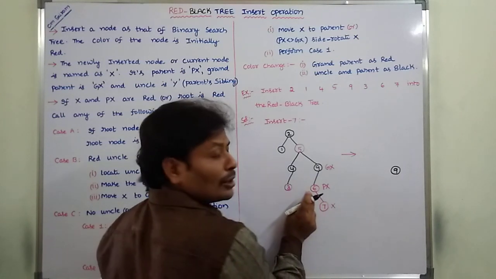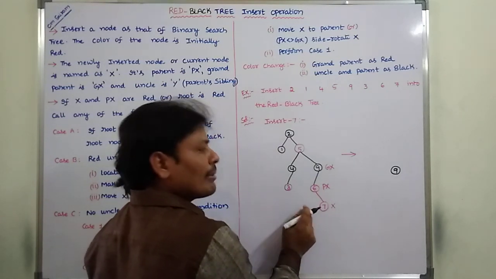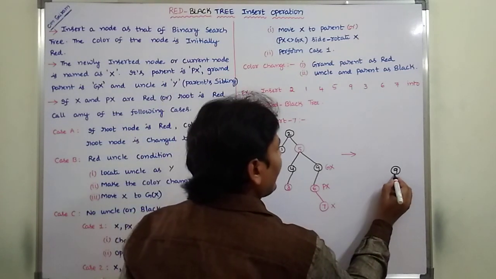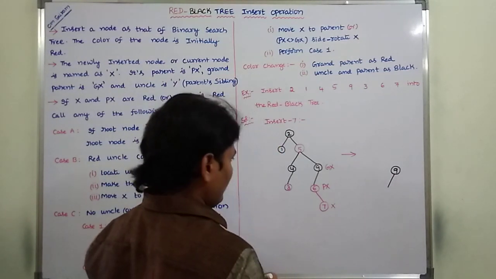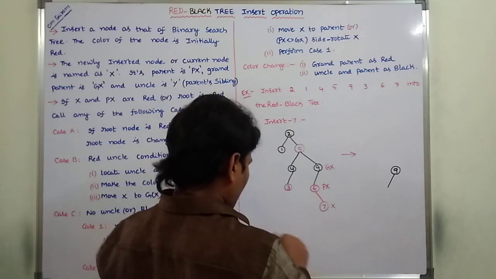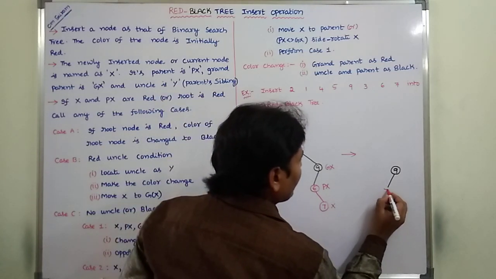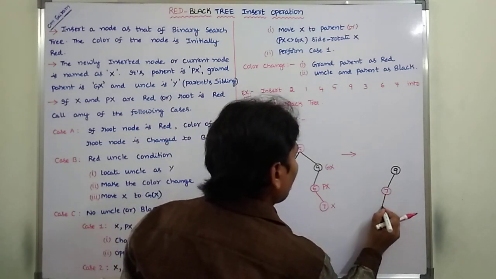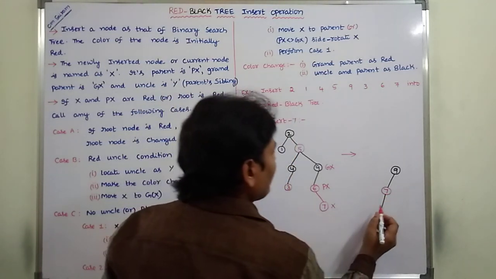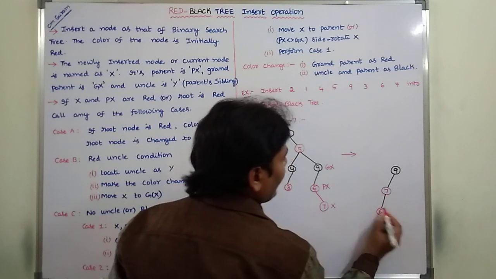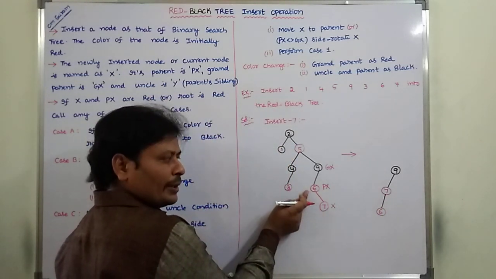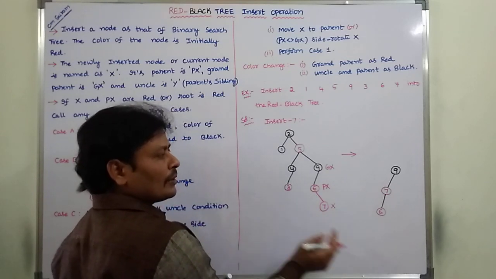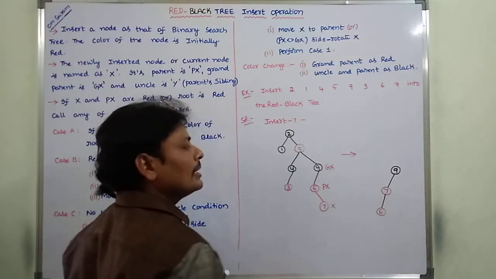Here 7 can be moved to this place and 6 can be moved downside. X can be moved to this place, Px can be moved downside, then we are getting this one.